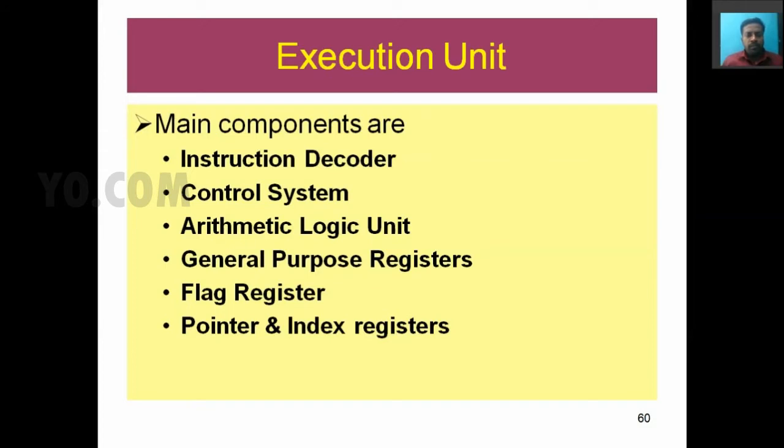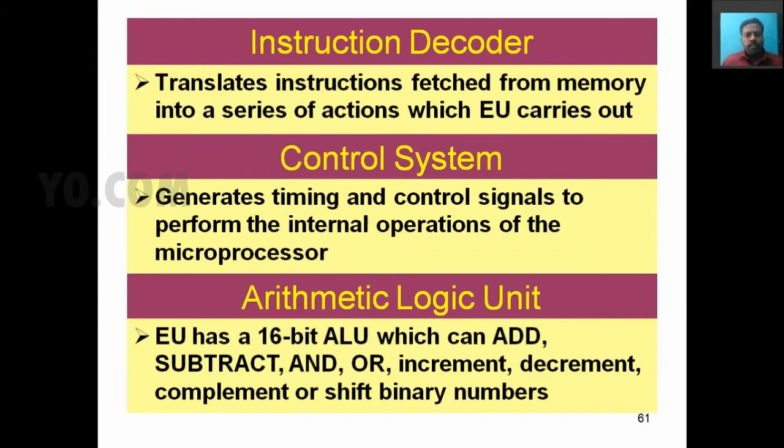First, the instruction decoder, then the control system, arithmetic logic unit, general purpose registers, flag registers, and pointer and index registers. These are the important components of the execution unit. First, the instruction decoder.